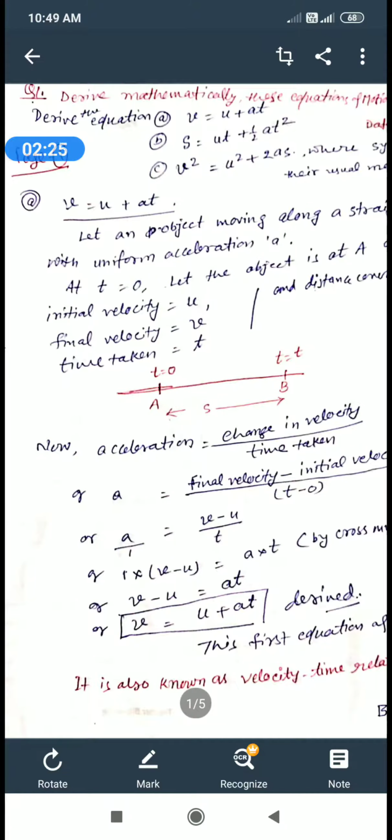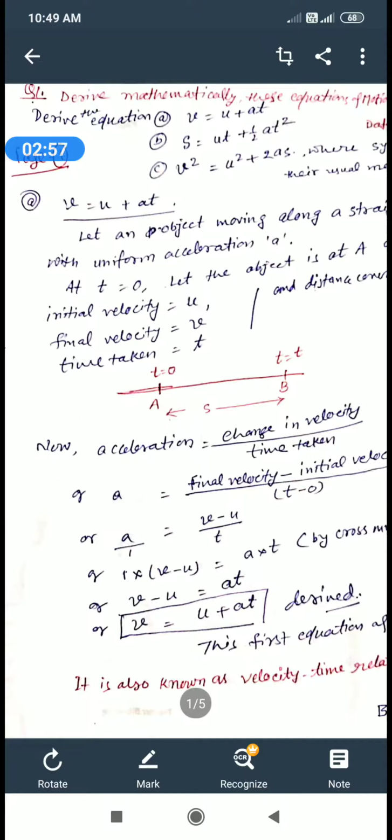Its final velocity becomes v after the time t, and during time t the object covered a distance s. Now we know acceleration means change in velocity divided by time taken. So change in velocity means final velocity minus initial velocity.